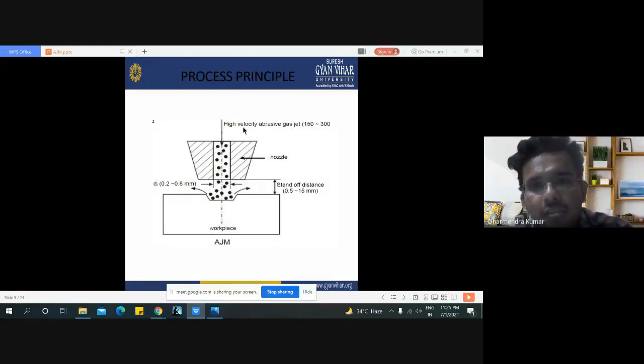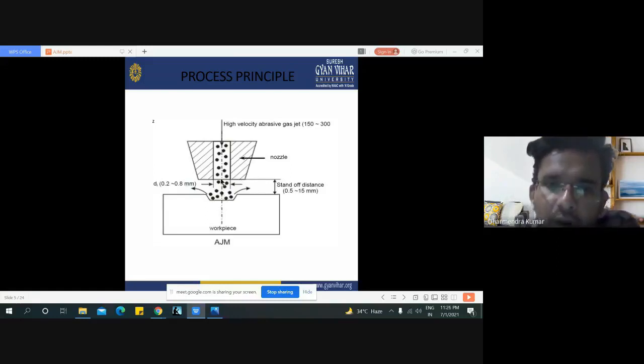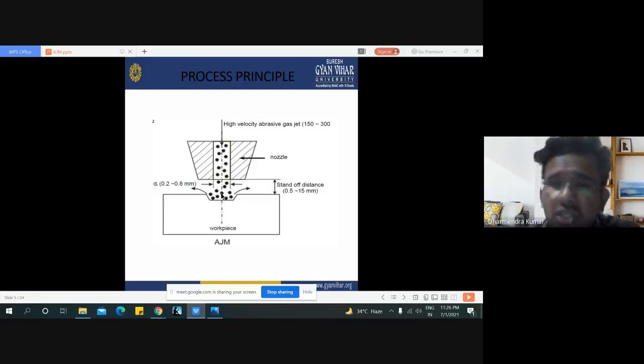Here the high velocity abrasive gas enters the nozzle with abrasive particles, and the workpiece is placed slightly below the nozzle of the machine. We see that with the help of high velocity air, abrasive particles strike directly on the workpiece, and by striking, a small fracture occurs on the workpiece.